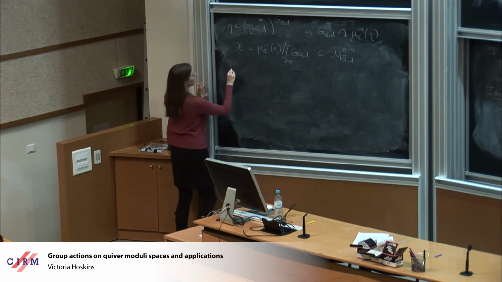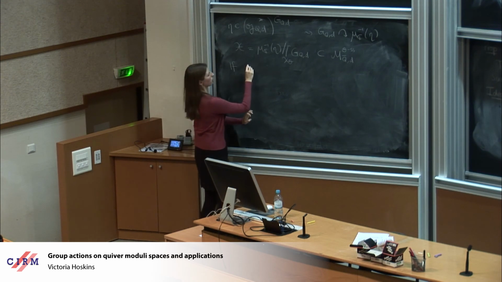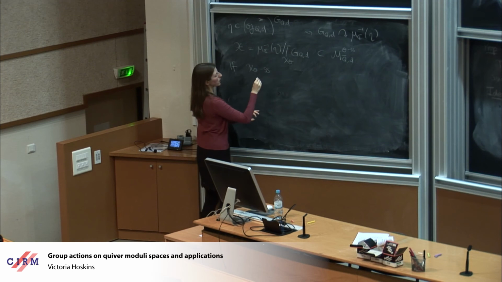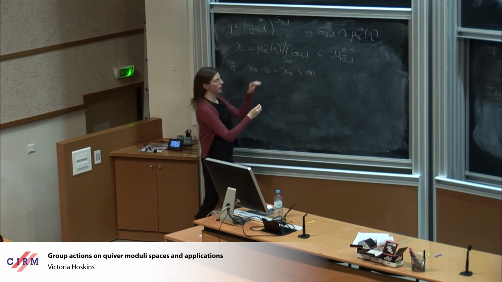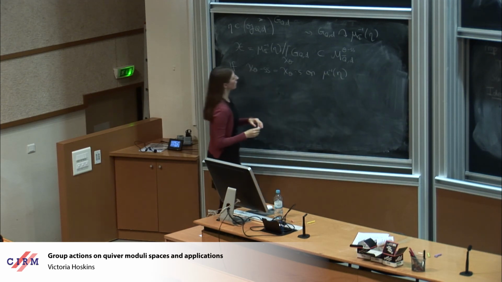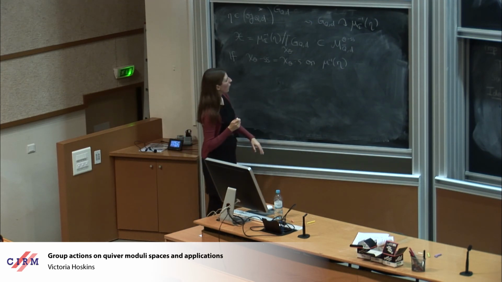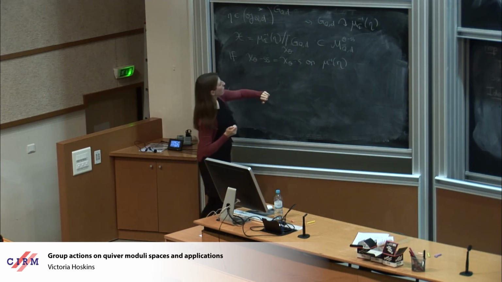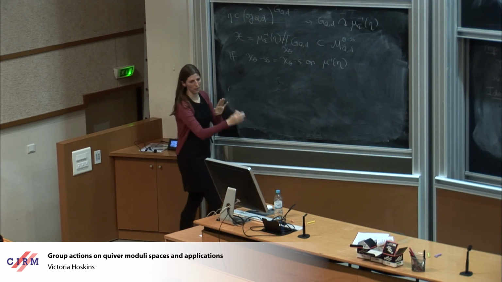And if, for example, semi-stability is equal to stability on this fiber, I should say that I'm really thinking of semi-stability for the group G quotiented by delta, which acts trivially everywhere.